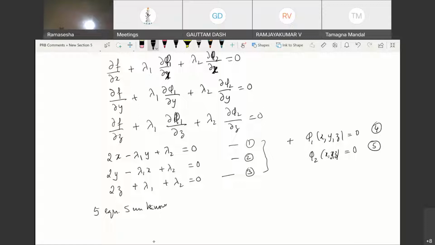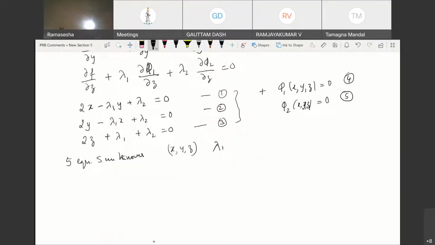The five unknowns are x, y, z, the point which is closest to the origin, and lambda 1 and lambda 2.